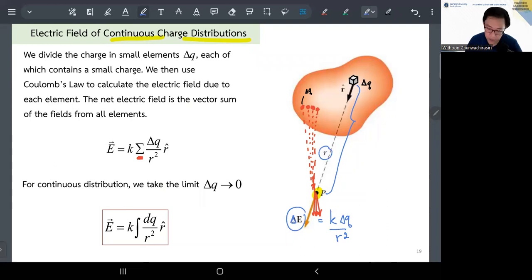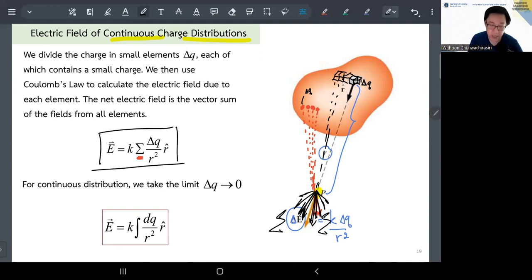Once you keep doing this, you move on to the next block, and the next block, just like what I did with the red dot over there, and calculate the electric field from there. So you get a bunch of electric fields from all those blocks that you sliced from your charge, and at the end, you just sum them all. And that's what you get as this expression right here.